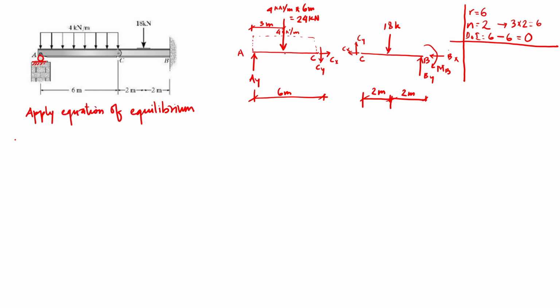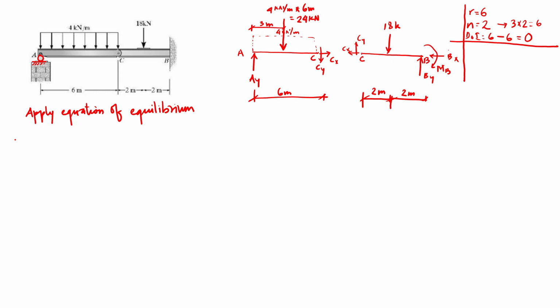Now let's look at this free body diagram. We can either start from section AC or start from section CB. What happens if we start from section CB and let's say we take summation of moment about B equal to 0, then vertical reaction BY and horizontal reaction BX would be cancelled out.